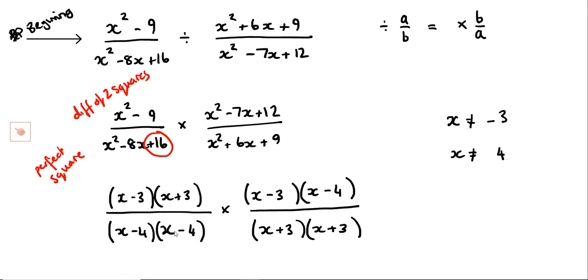X can't be negative 3, but also at the beginning, we had this as the denominator. So x can't be positive 3 either, because up here it was the denominator. Make sense? So that's where the plus and minus come from.